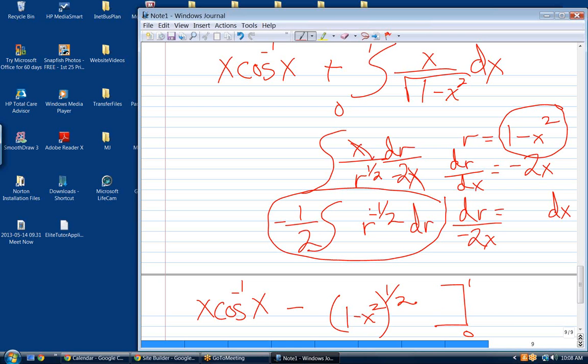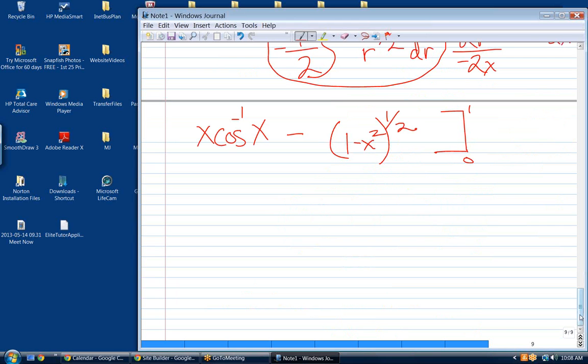And that, of course, also involves a lot of negative signs. Notice we're going to substitute 1, and then we're going to go back and substitute 0. And so by the time you get an answer, you're going to have kept track of a lot of negatives.